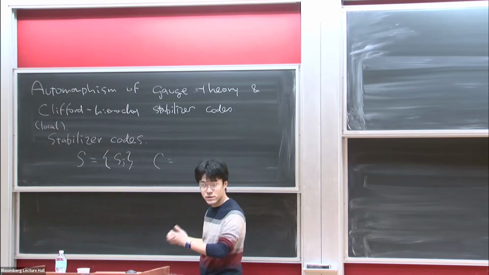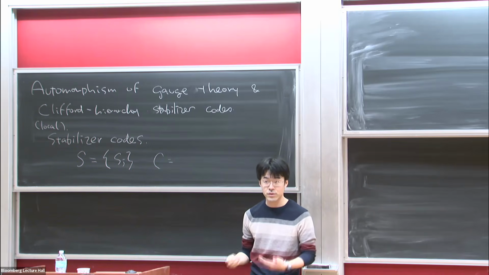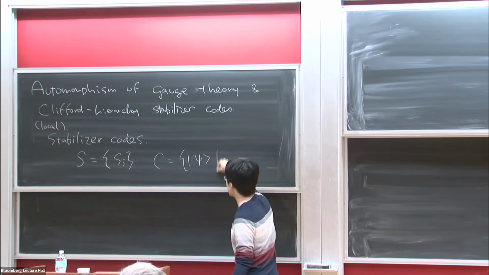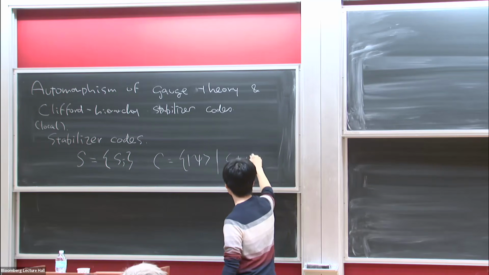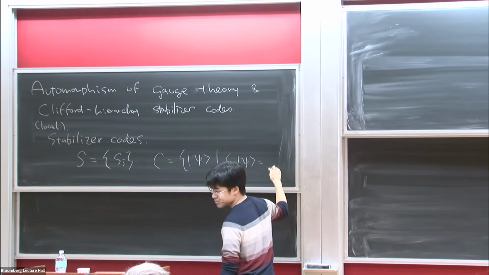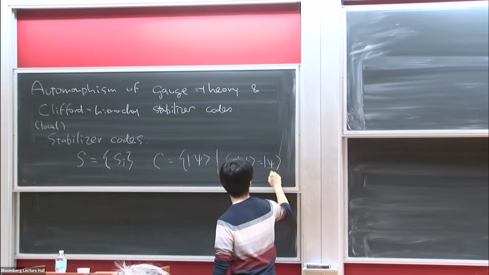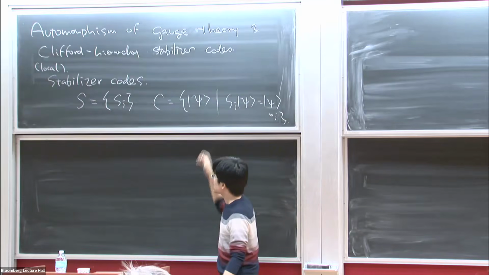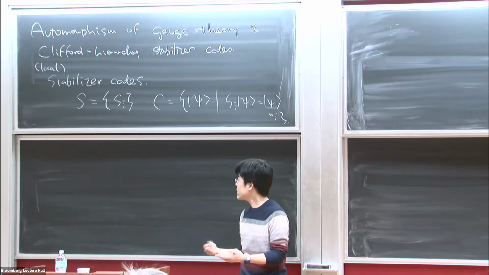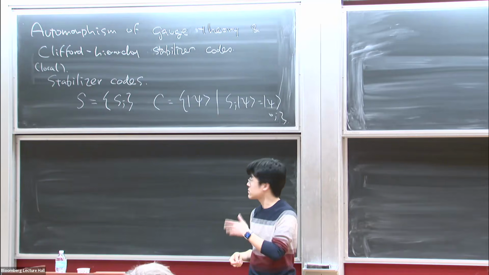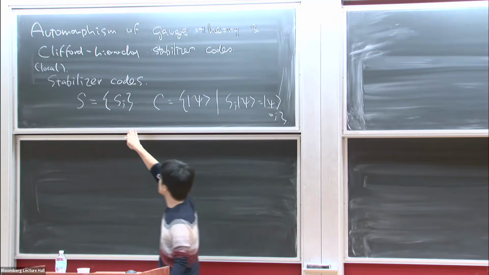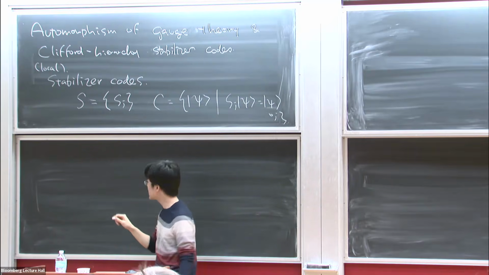We want to specify a logical qubit on which we do quantum computation, which is simply characterized by the span of the states which satisfy the stabilizer conditions. So that's basically it. In many cases, people are interested in a particular class of stabilizer codes called Pauli stabilizer codes. In this case, each of these stabilizers is a Pauli operator.